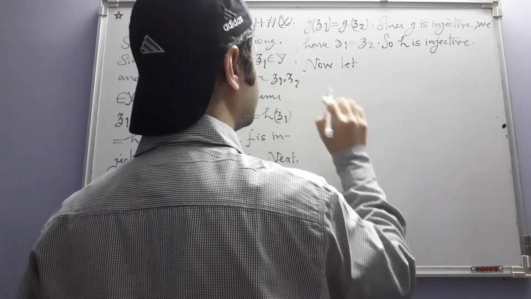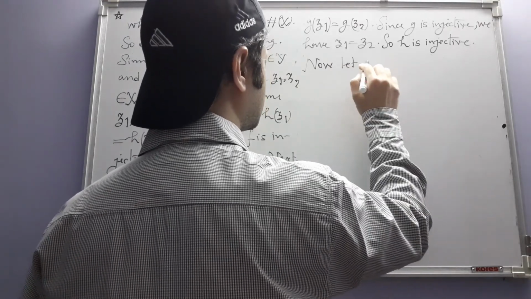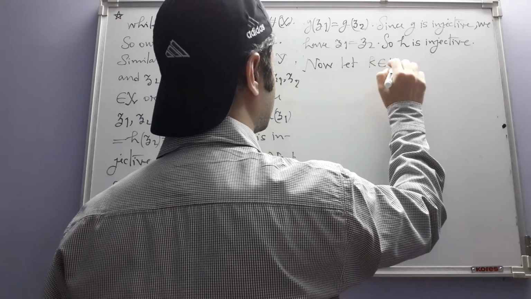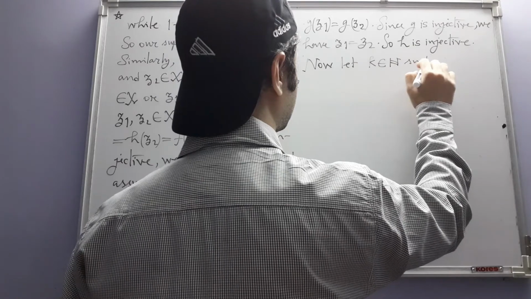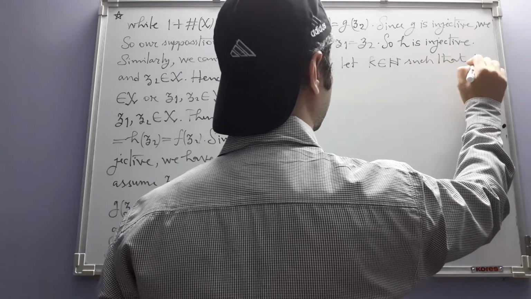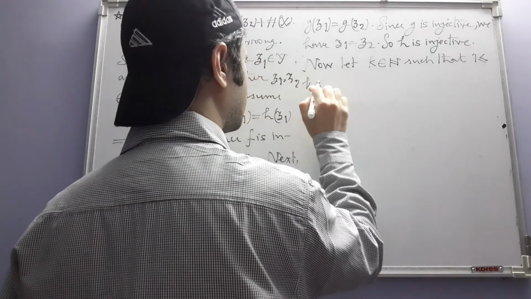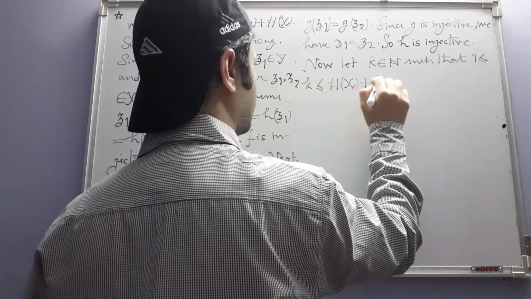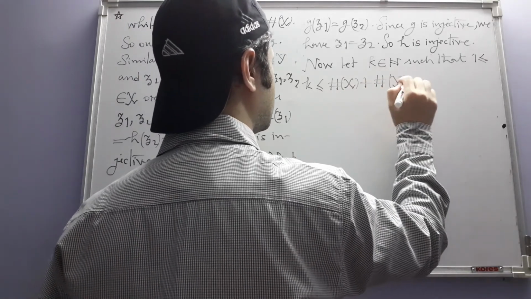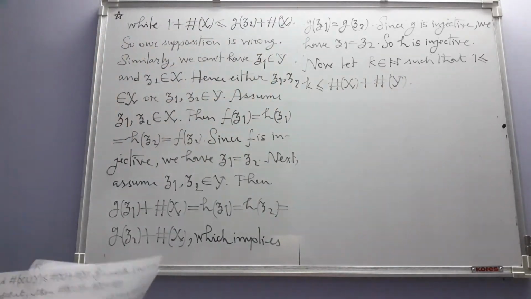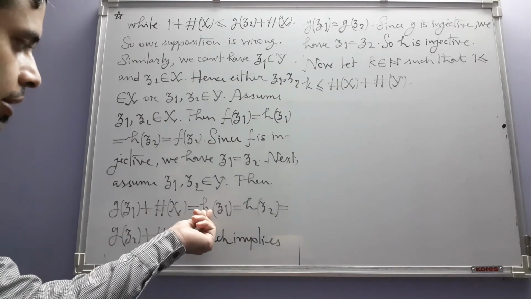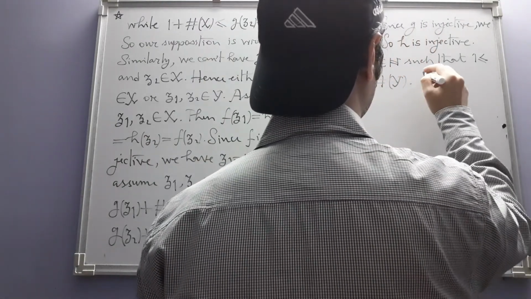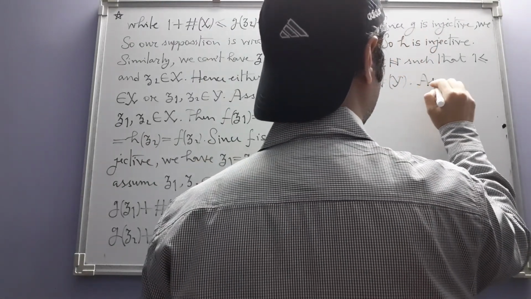Now let us take K, say K be a natural number such that it lies between 1 and this natural number. In other words, K is an element in the range of H, range of the function. So here two cases will occur.